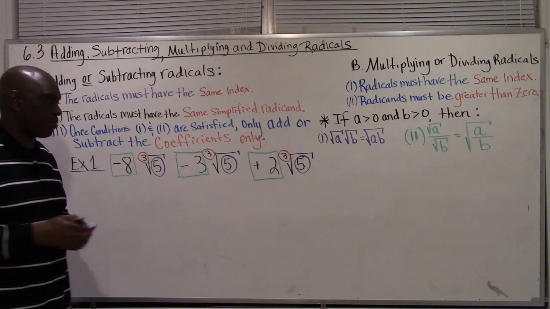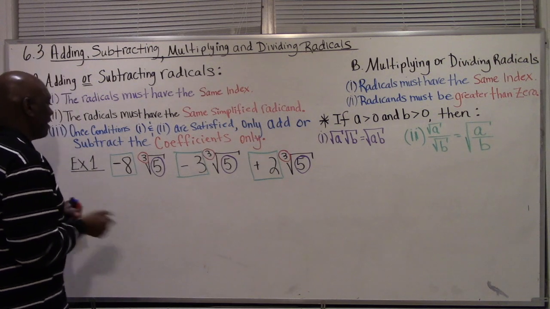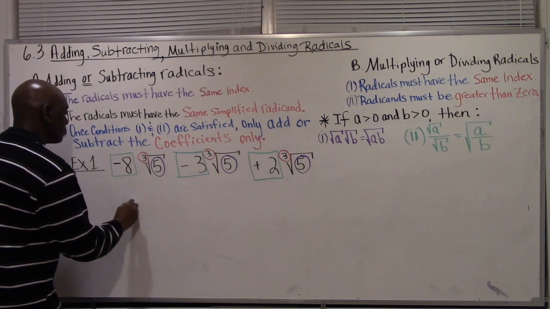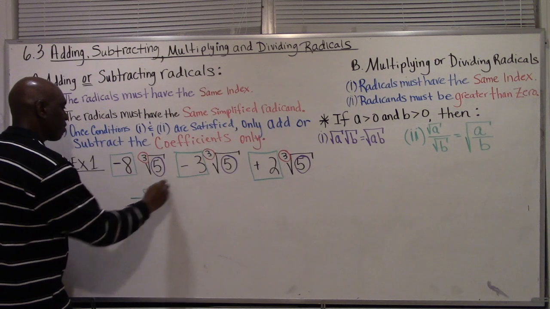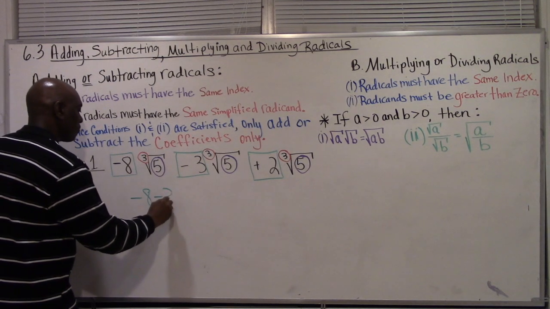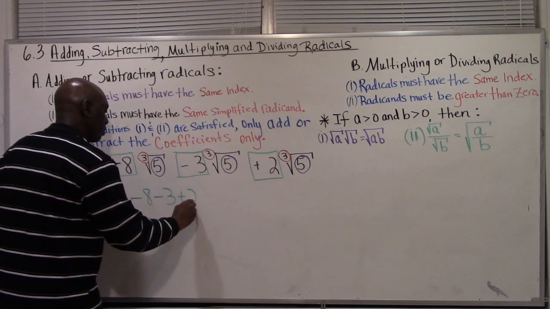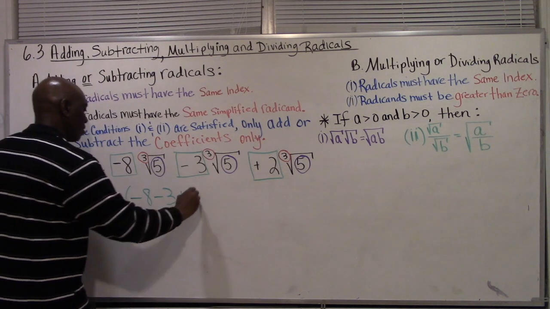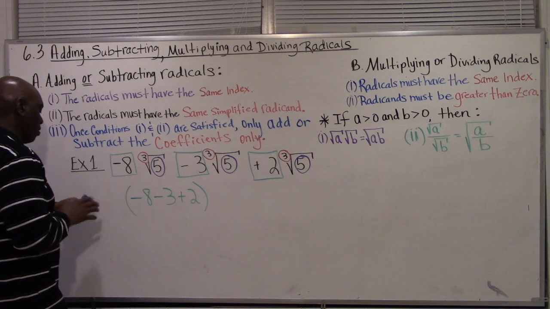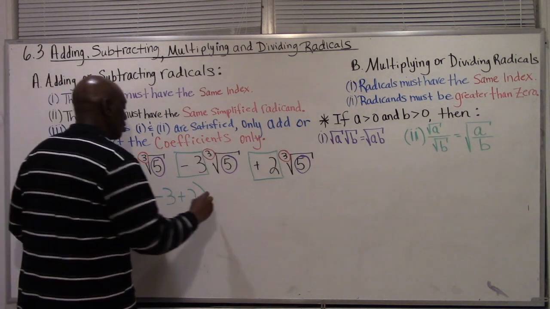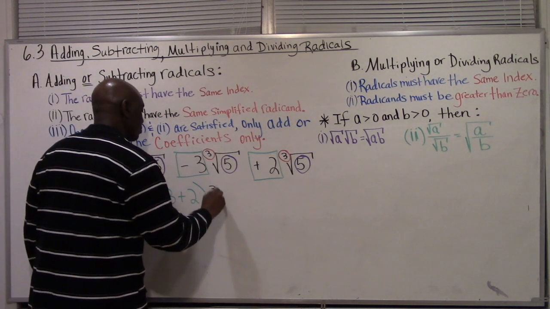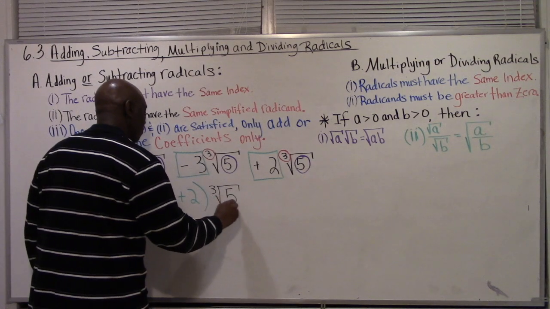So my answer is going to be -8 minus 3 plus 2 and then just bring down the cube root of 5.